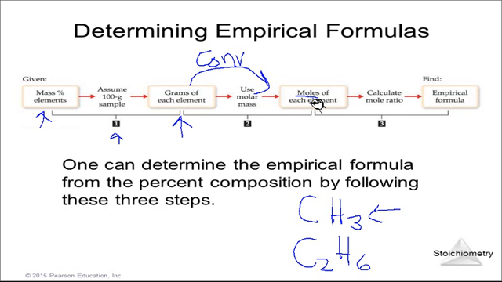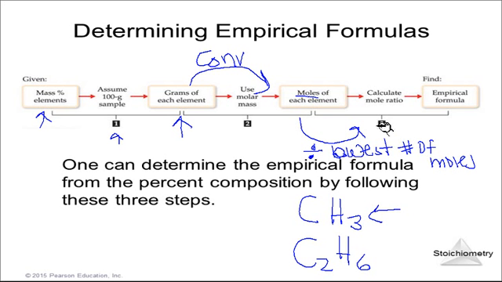Then from those moles, I'll be able to calculate the mole ratio, and I do that by dividing by the least, or my lowest, number of moles. This will make more sense when we get to it in a second. That gives me my mole ratio, which then tells me what my empirical formula is.